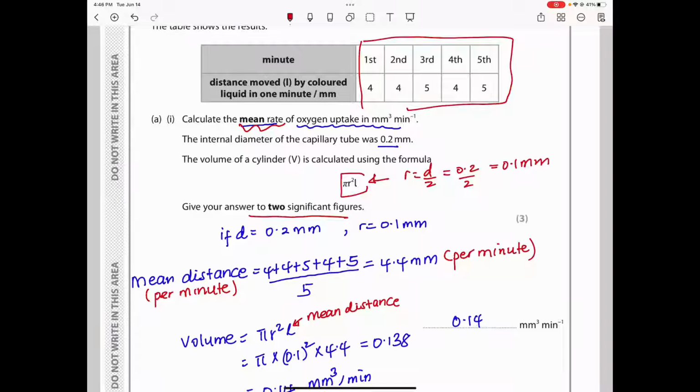That is the radius, so you can see it there. After finding the radius, we also need to find the mean distance per time. I'm going to get the total distance, adding up everything, and divide by the time, which was 5 minutes, giving me 44 millimeters per minute. So 44 millimeters per minute is the mean distance per time that I have.